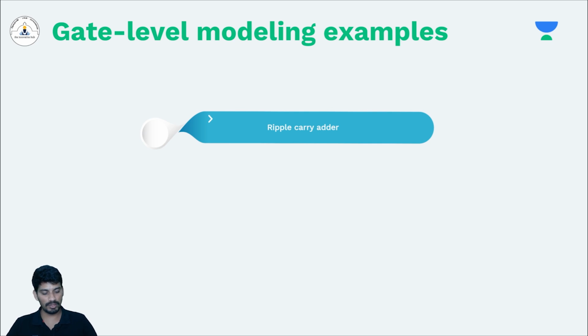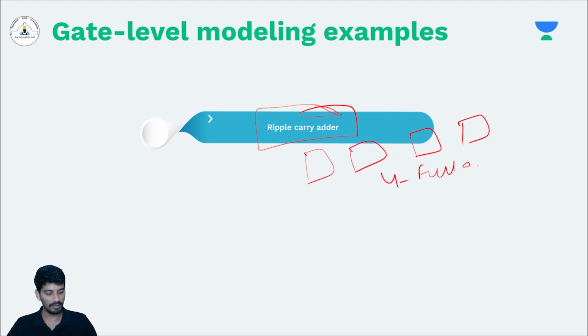Now let's see one more example, ripple carry adder. In part 1, we have seen the ripple carry adder using full adders, right? 4 full adders. We have designed the ripple carry adder, but let's see what is a full adder using logic gates.